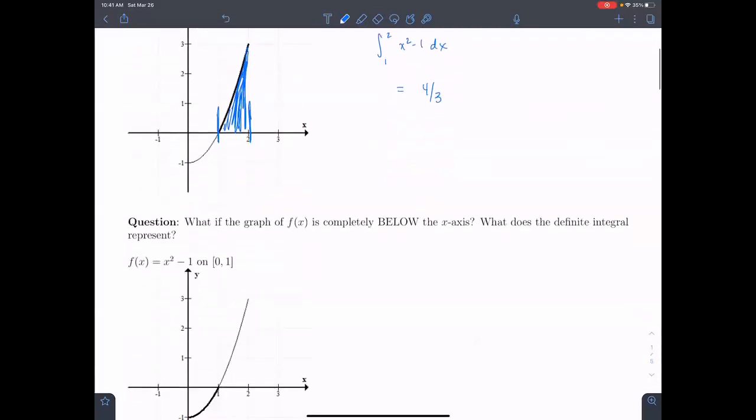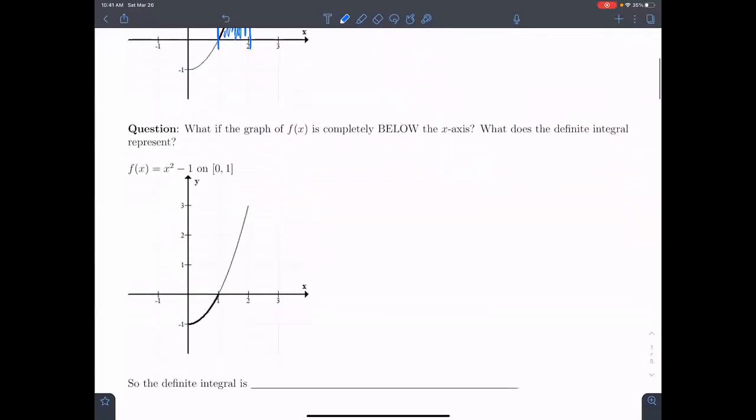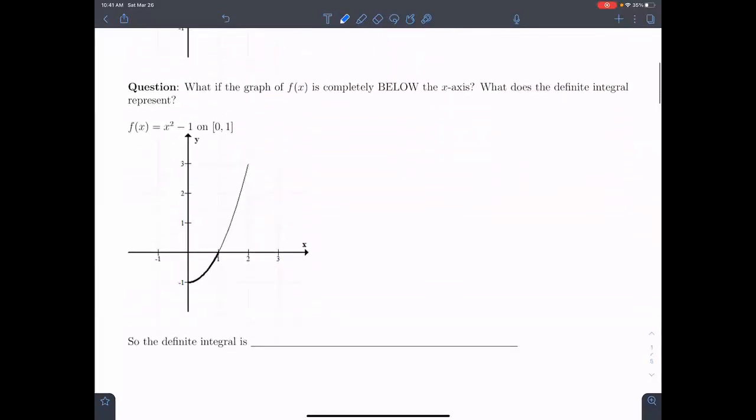Okay, but what if the graph is completely below the x-axis? Say it's this piece, from 0 to 1, the same function from 0 to 1. Let's do the definite integral and see what happens. If we evaluate this integral from 0 to 1, we're looking at x cubed over 3 minus x, evaluated from 0 to 1. We plug in 1, we get 1/3 minus 1 minus 0.